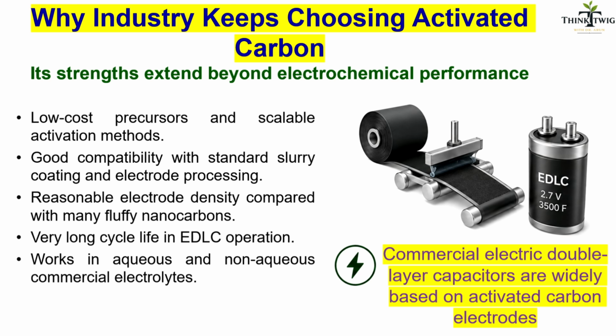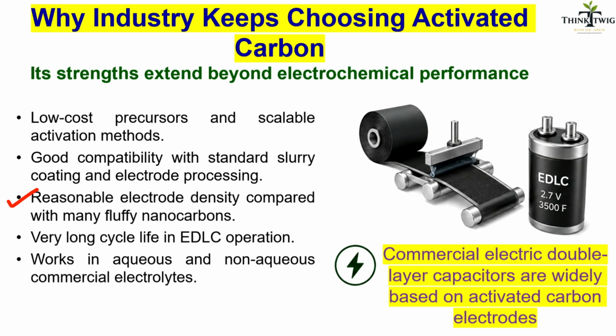This sounds like a simple point, but for manufacturing it is extremely important. A good active material is not useful only as a powder. We need to convert that powder into a stable, uniform, reproducible electrode. Electrode density is another major factor.